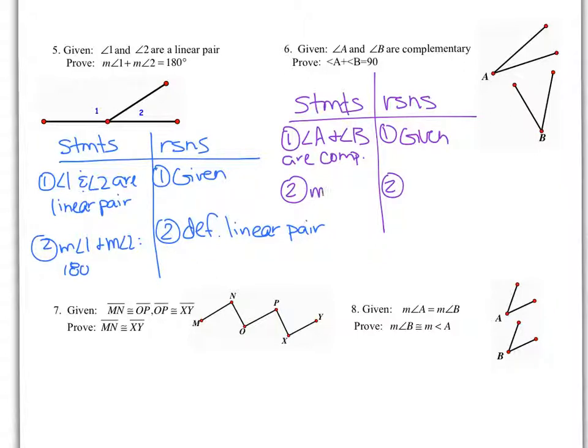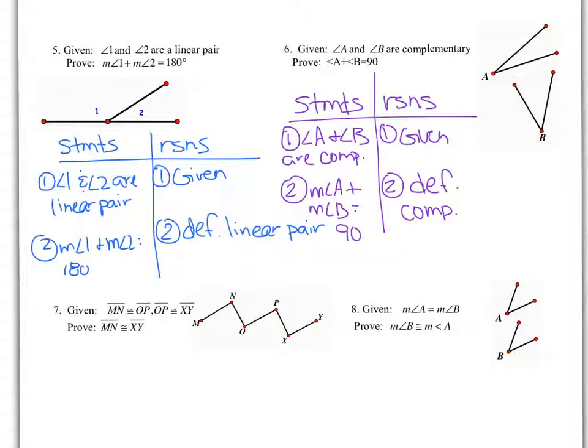So the measure of angle A plus the measure of angle B equals 90 degrees by definition of complementary angles. Probably don't even have to put angles on there. We can just say definition of complementary because it works for lines too.